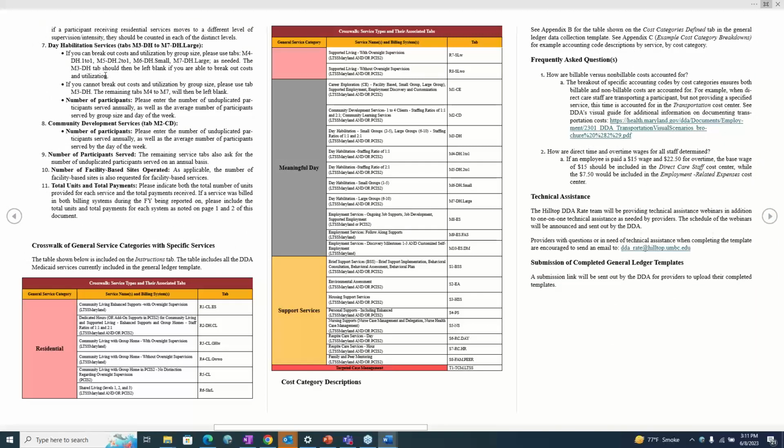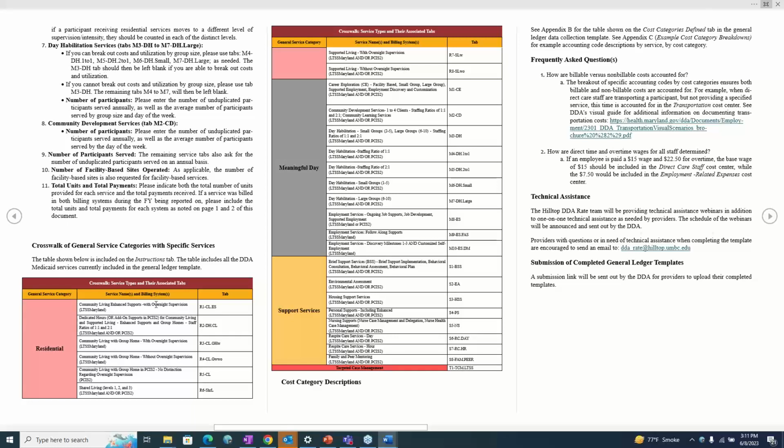I know our focus is on residential services today, but if you also happen to be providing day habilitation services, for example, there are tabs in the template to provide that cost information by the specific group level. But if you're not able to provide that information by the group level, there's actually a tab where you could just put all of that information. And so those types of details are also provided in the instructions.